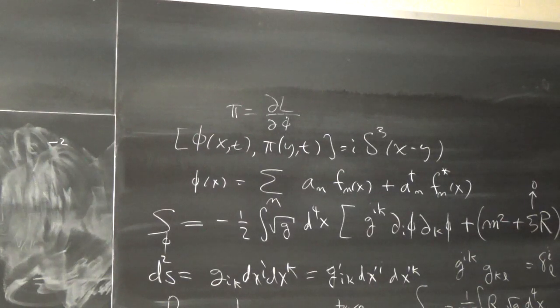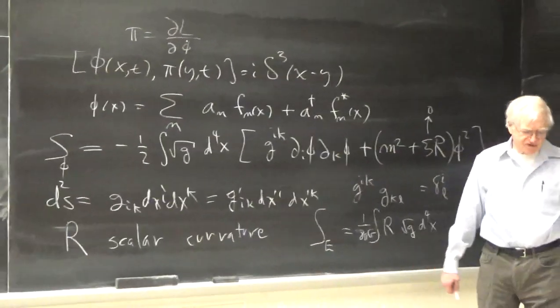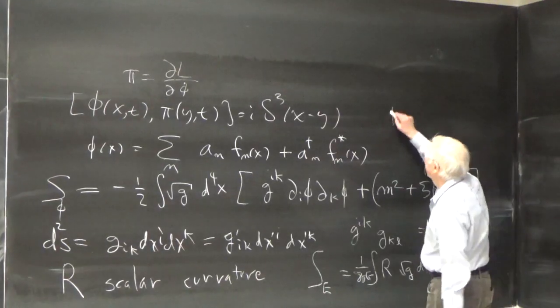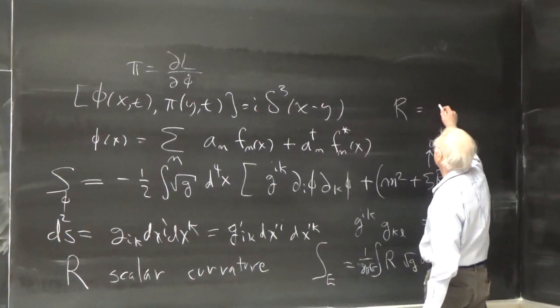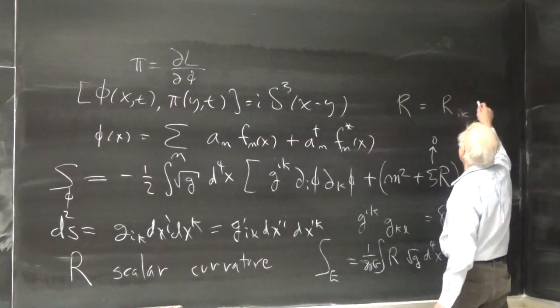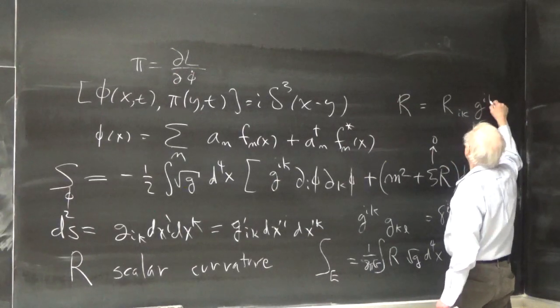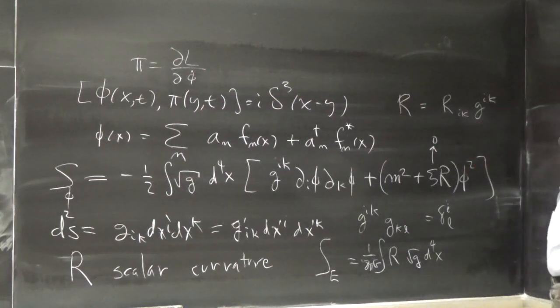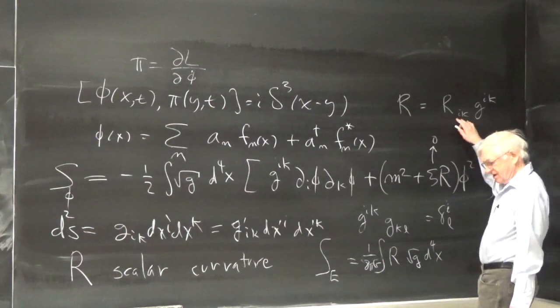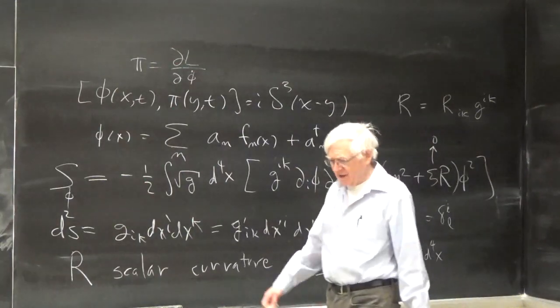And this Einstein action involves the trace of the Ricci tensor. So in other words, apart from factors of 1/2, R is R_ik g^ik, and R_ik in turn is a trace of the curvature tensor, which is a 4-index object.